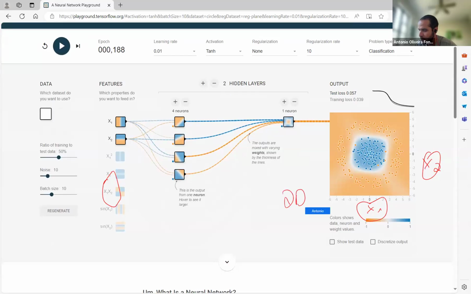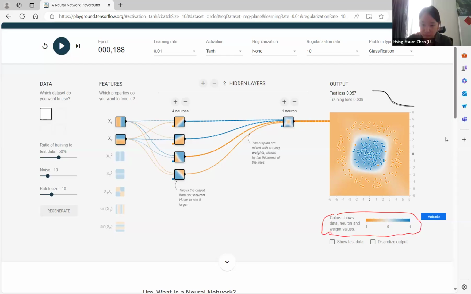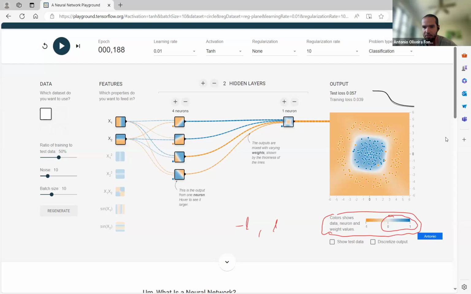Now, what's the actual range of your output? This is the range right here, right? Your data is mapped between -1 and 1. If you pick a sigmoid, what's the range of your output? It's 0, 1, right? So you'd be able to fit stuff that's just in this range.